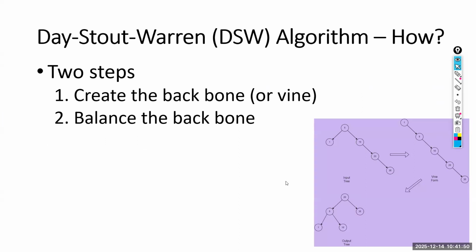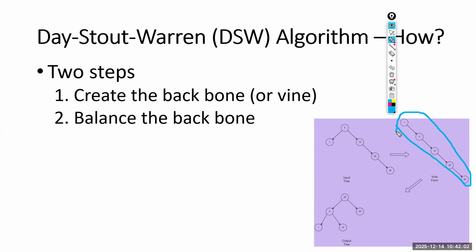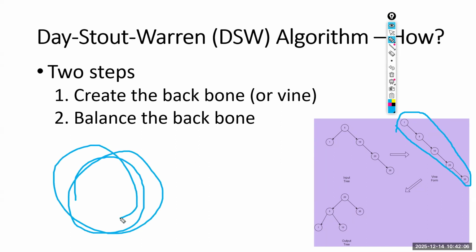First, we need to convert your binary search tree into a backbone or vine. That means at the end of the first step, you will get something like a linked list from your binary search tree, which is unbalanced.